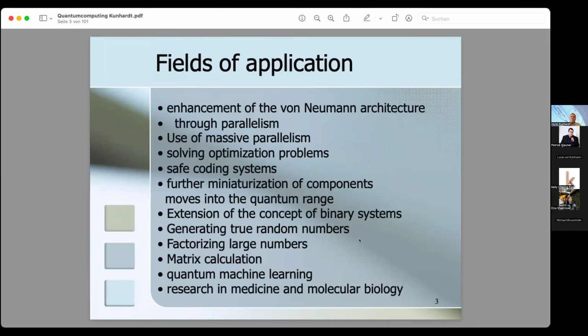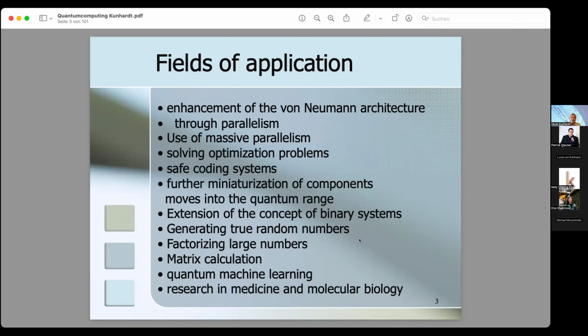So the fields of application of quantum computing are very wide. If you want, we can call quantum computing a kind of enhancement in the field of Neumann architecture. What is the basis of all classical computer hardware that we use today? And the extension is built on parallelism. That's the field Patrick will introduce in several lectures, because this massive parallelism is one of the key topics of quantum computing.